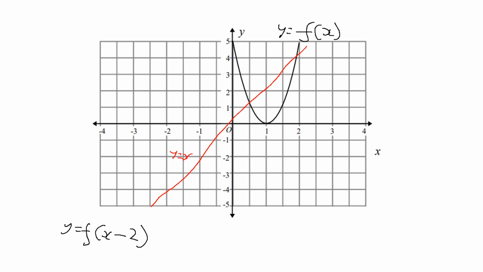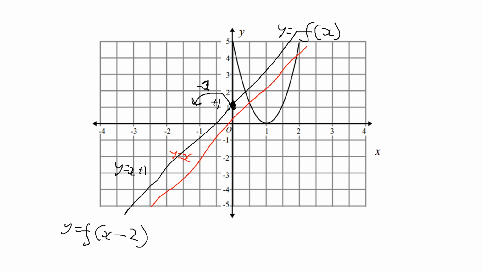If we were to do y equals x plus 1, we'll get something that looks like this. This is y equals x plus 1, because obviously it's gone up by 1. But look carefully. You've shifted it up, sure, but you've also shifted it to the left by 1.